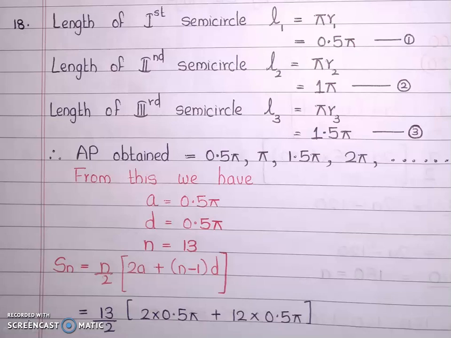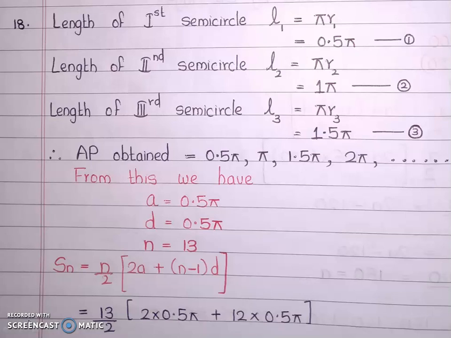Next, moving on to 18th question. This question is not so important, but we will discuss this. A spiral is made up of successive semicircles with centers alternately at A and B, starting with center at A, of radii 0.5 cm, 1 cm, 1.5 cm, 2 cm as shown in the figure 5.4.